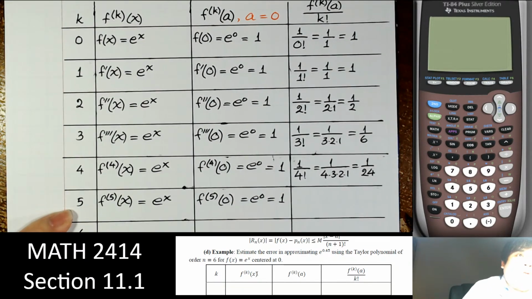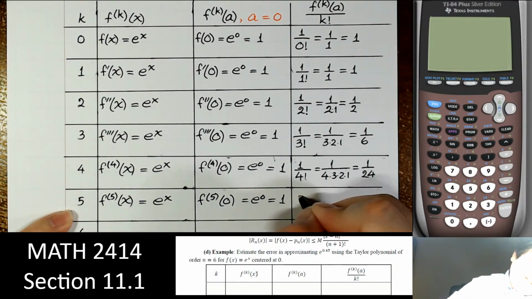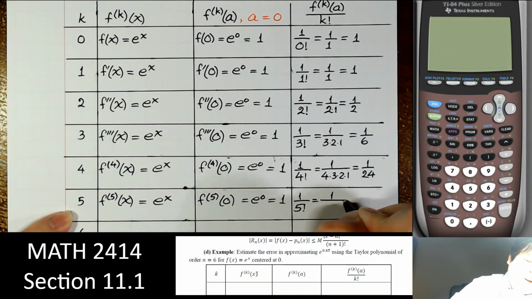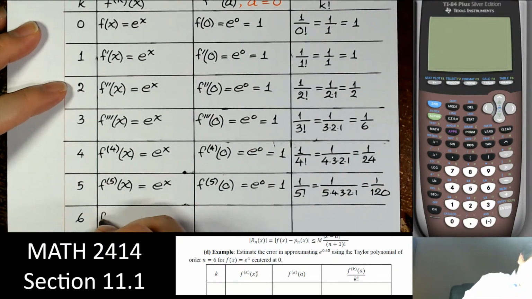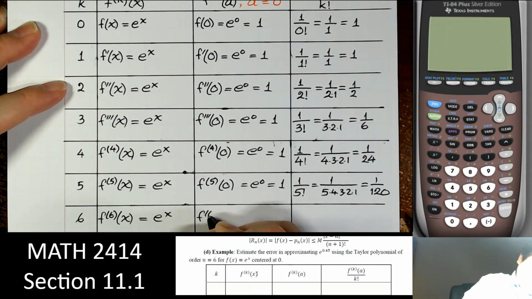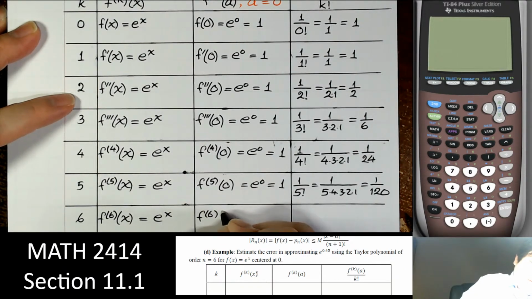So from just 1, that's very simple. 5 factorial is 5, 4, 3, 2, 1: 120. And then 6, and it's also 1.